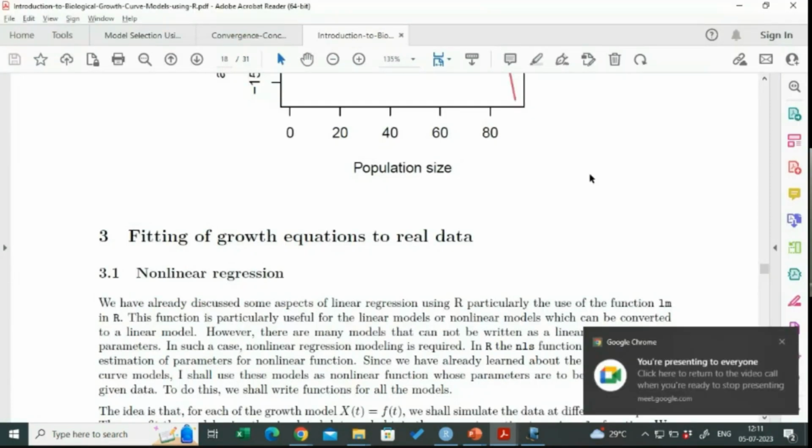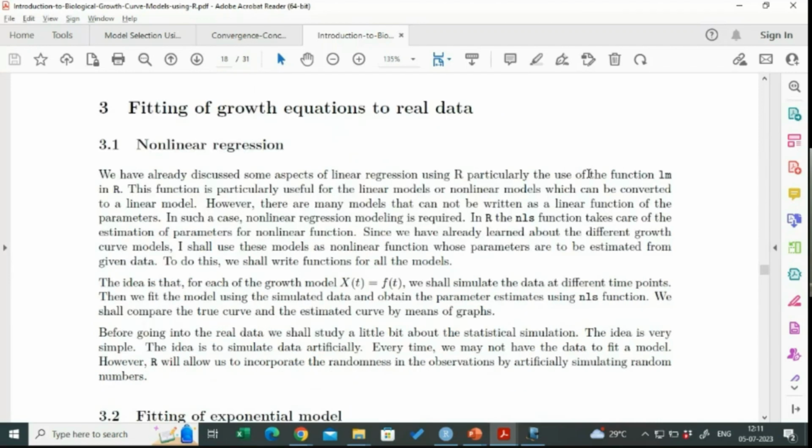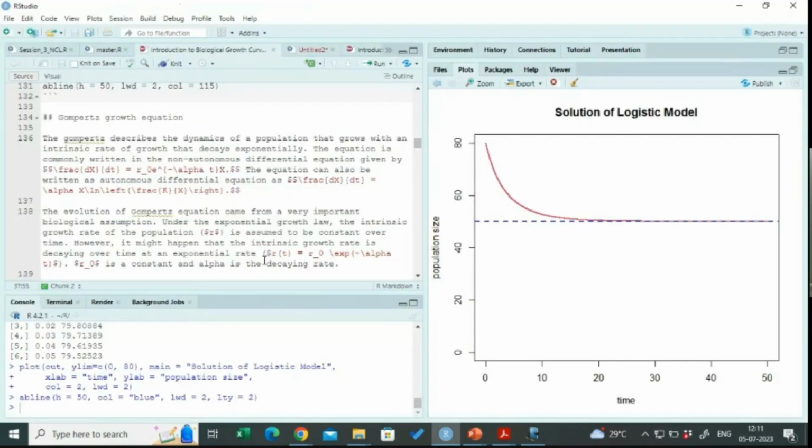We understood how we can solve a differential equation using R. Now the question comes, because we are going to have real data, let us try to understand.